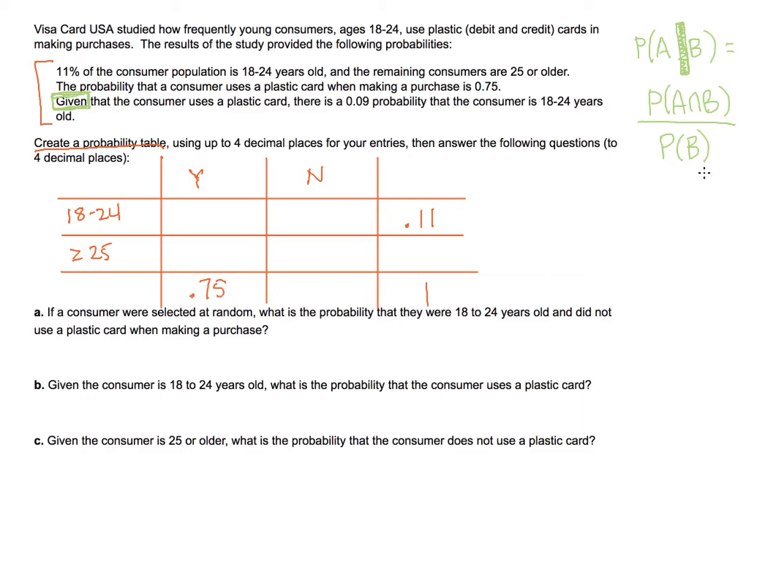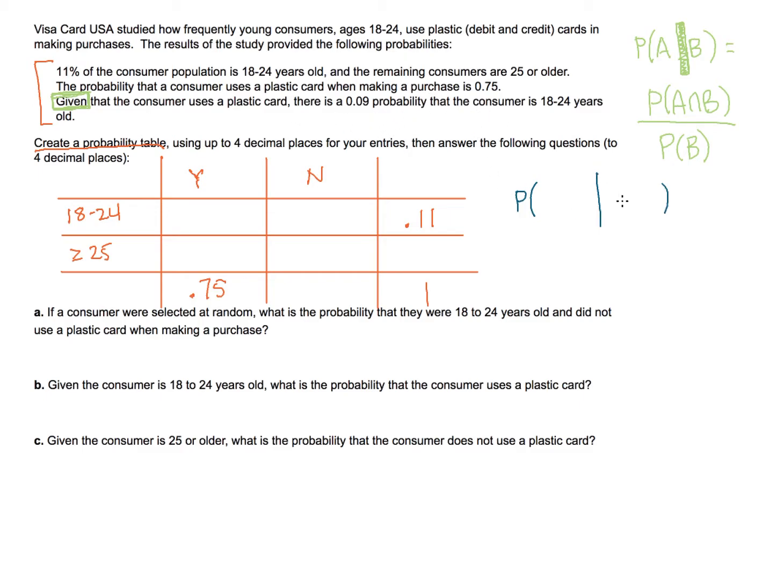So let's put this into context for our clue. Given that the consumer uses a plastic card, so what that's telling me is, I'm going to get a different color here, actually get like blue. So my probability, I'm going to put my given line here.